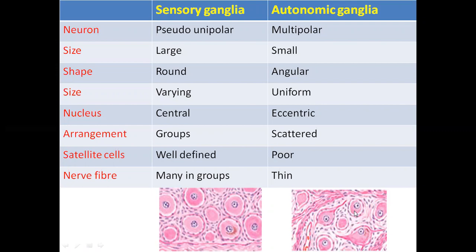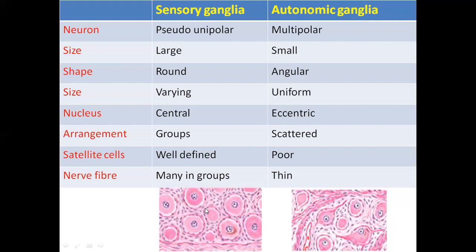Same as the sympathetic chain I showed you from the upper part to the lower part. The nucleus in sensory ganglion is central, whereas in autonomic ganglion it is eccentric, pushed to one corner. Then arrangement: the cells are arranged in groups in sensory ganglion, whereas they are scattered in autonomic ganglion.